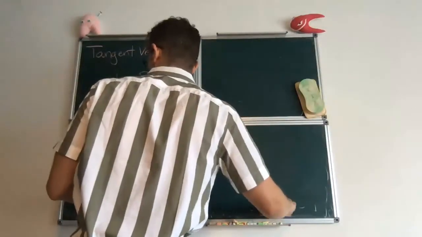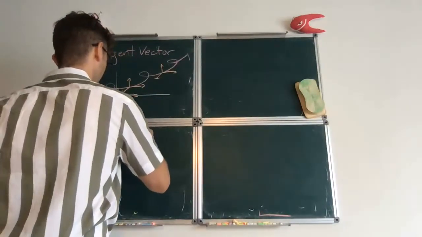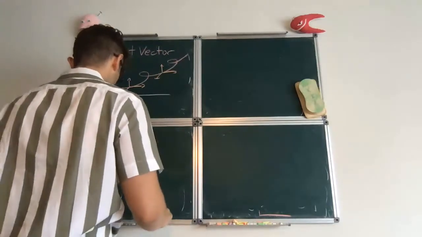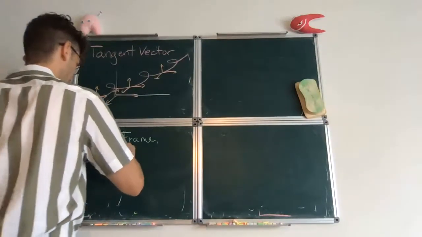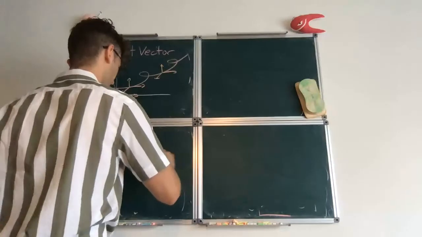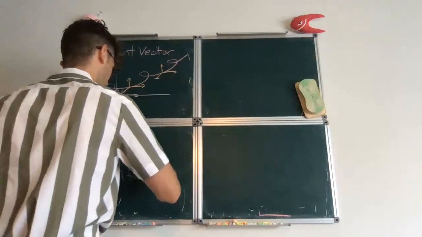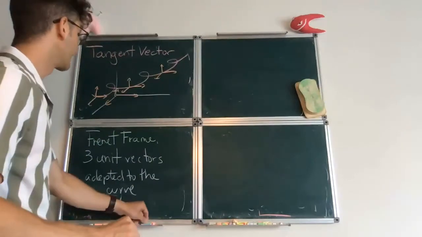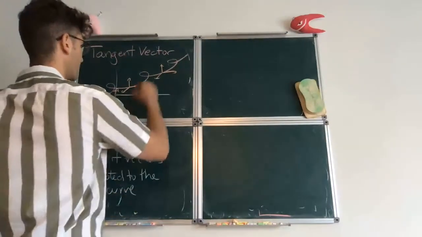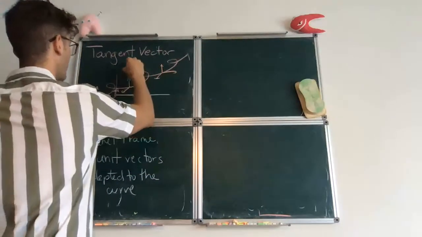And let me just write it down. So the idea is that instead of i, j, and k, you'll have one, let's say maybe this one, which would be called the tangential vector.